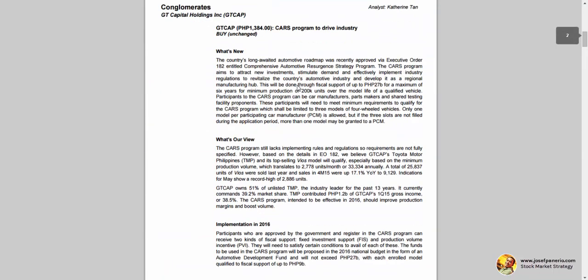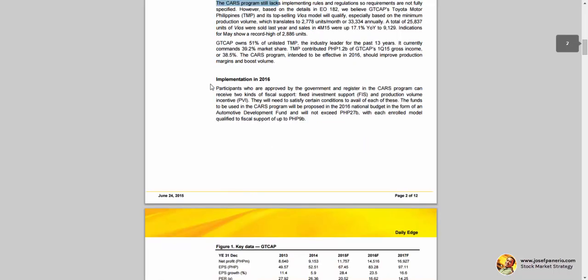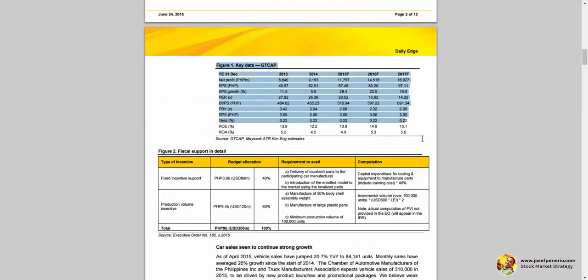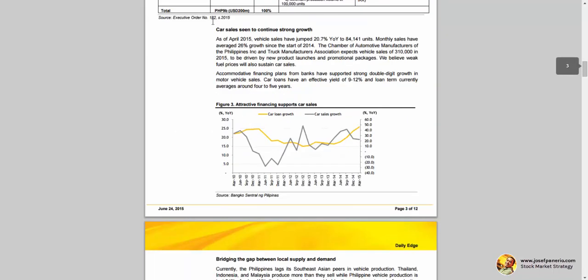So they have their in-depth analysis for GT Capital: what's new, what's their view, the implementation in 2016, and the figures: net profit, EPS, and car sales.